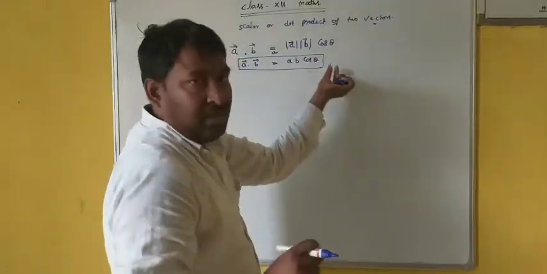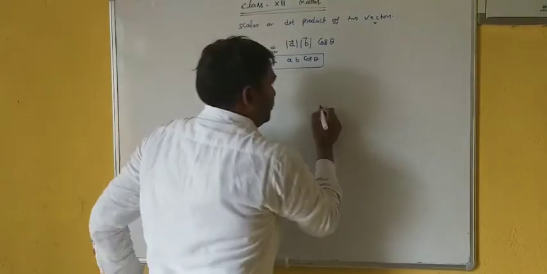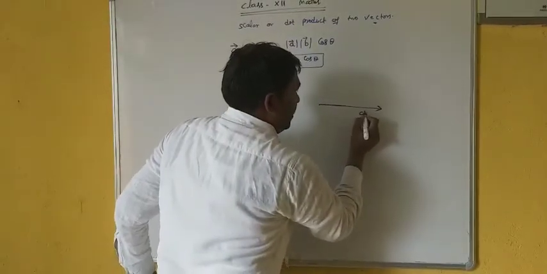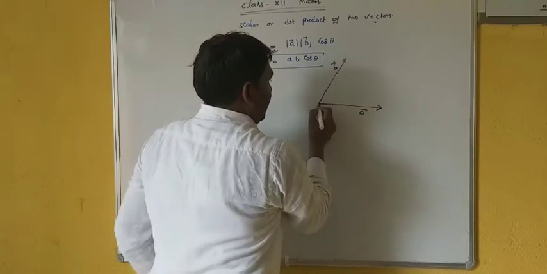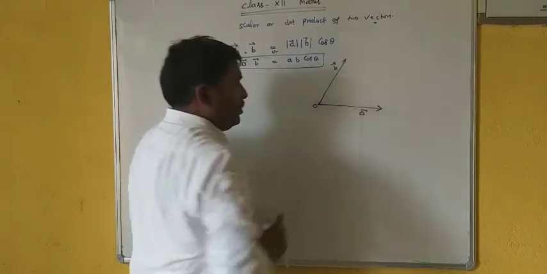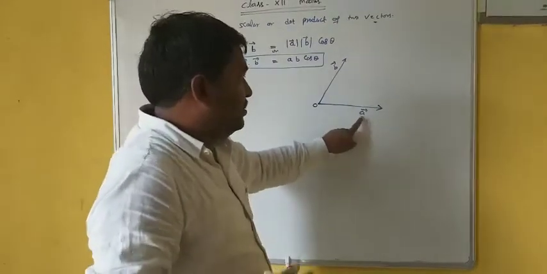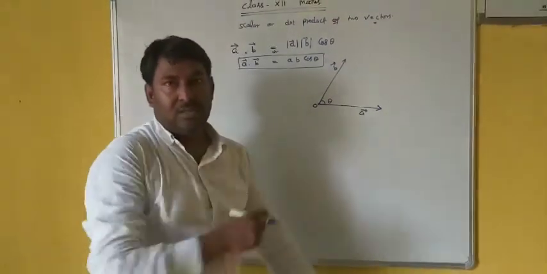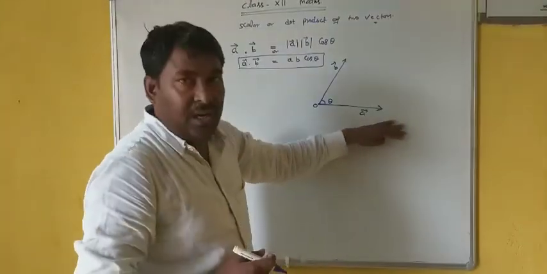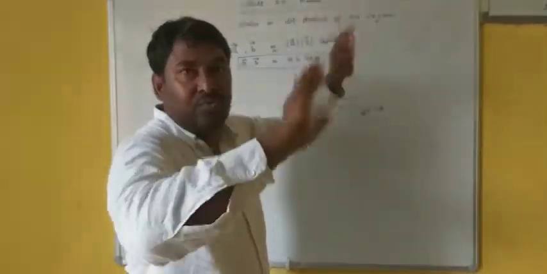Here this angle should be taken as follows. Suppose this is a vector A and this is a vector B at this point O. So just see, this angle should be taken as theta. Since this vector A and vector B both are going in the outward direction.